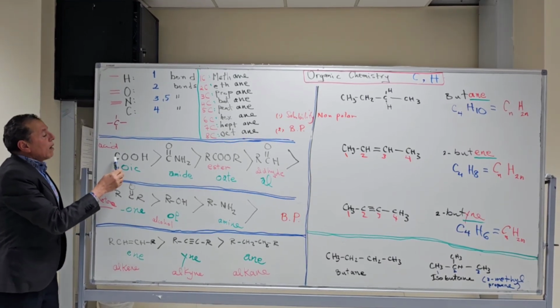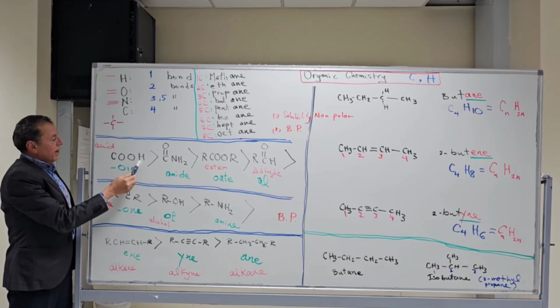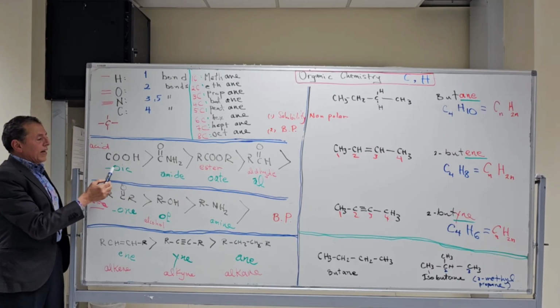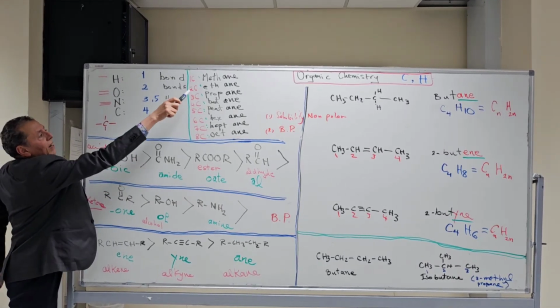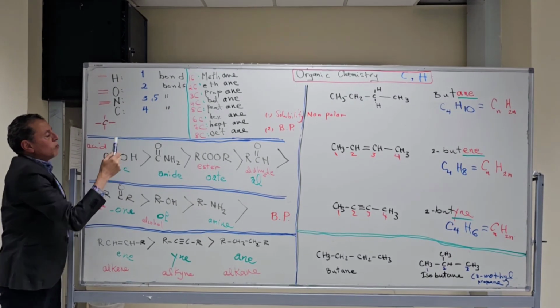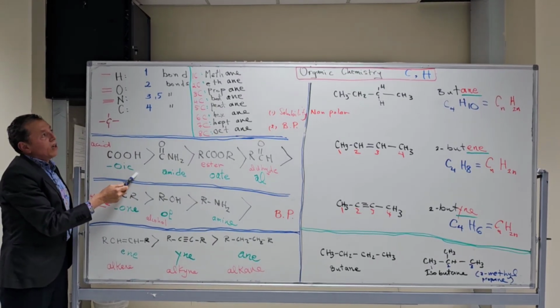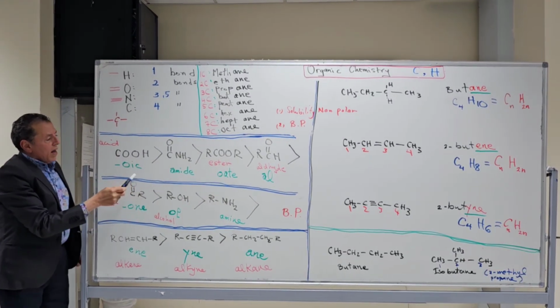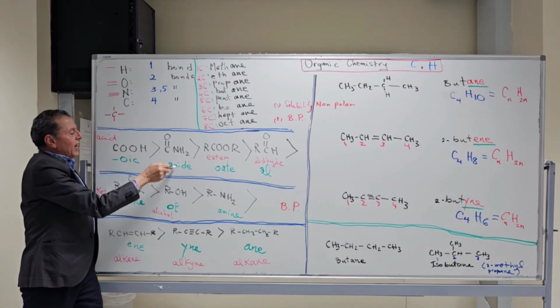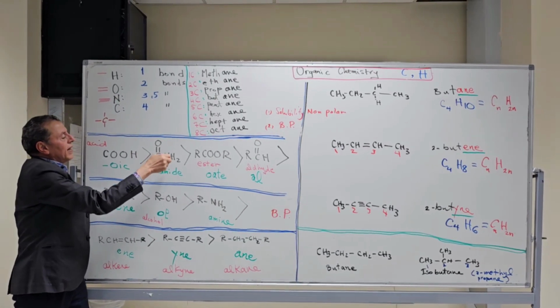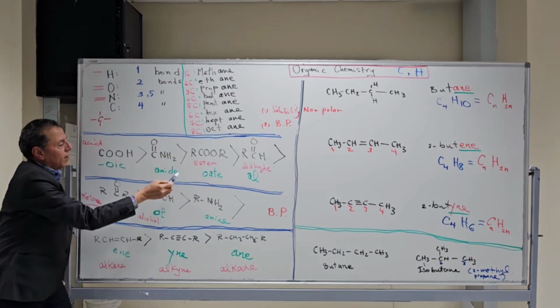If it is a carboxylic group, then it is an acid, and the name will be, for example, ethanoic acid when it has 2 carbons. If it contains an amide group, then it will be ethanamide, for example.